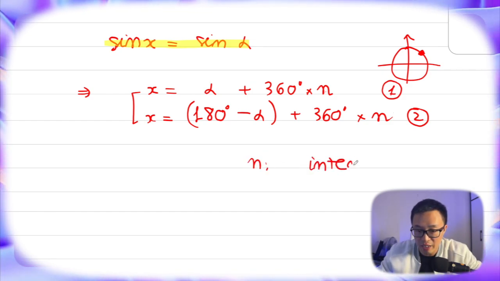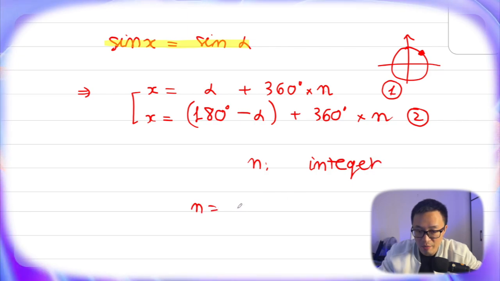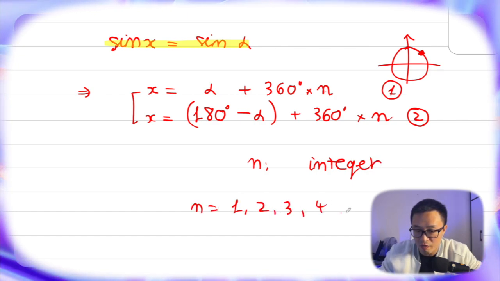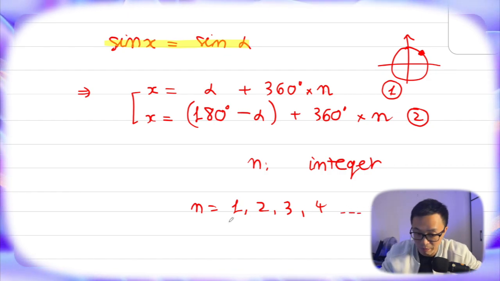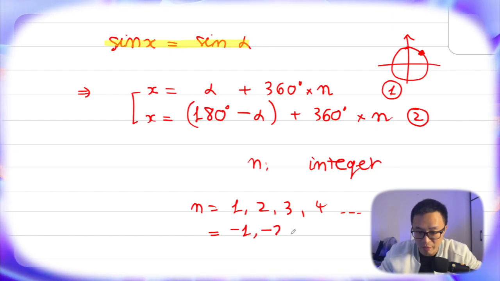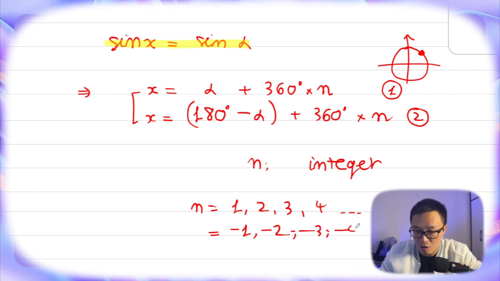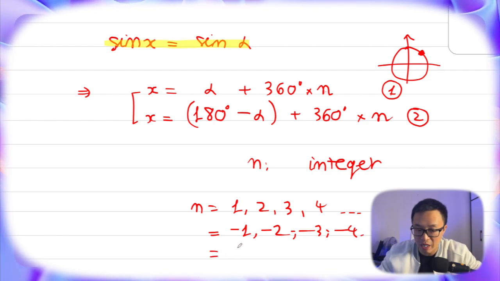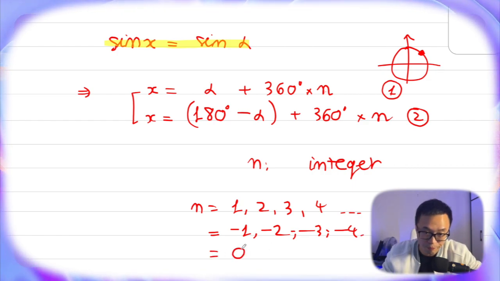When I say integer, it means sometimes n will be equal to 1, 2, 3, 4, 5, or a bigger one, or a negative integer: minus 1, minus 2, minus 3 or minus 4, and of course n can be equal to 0. So n represents an integer.